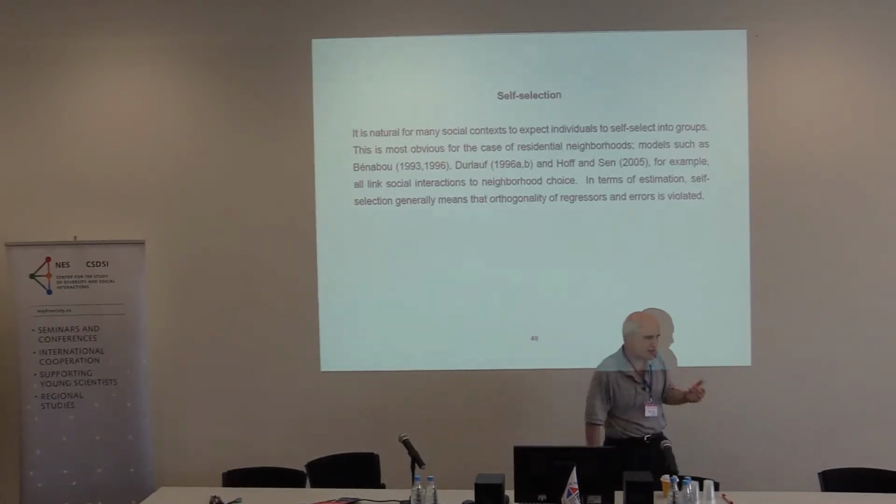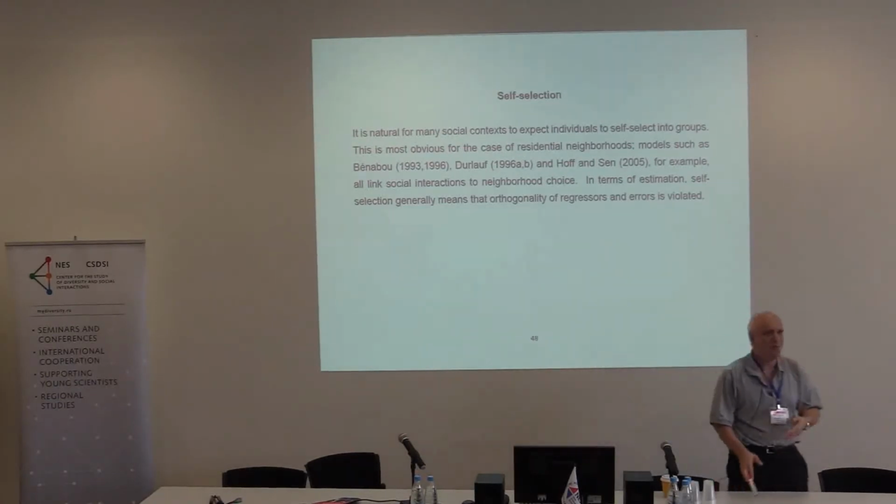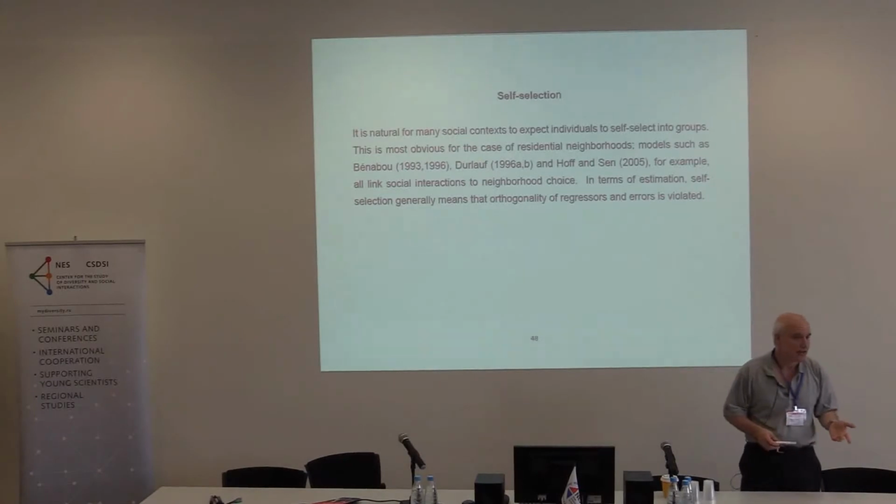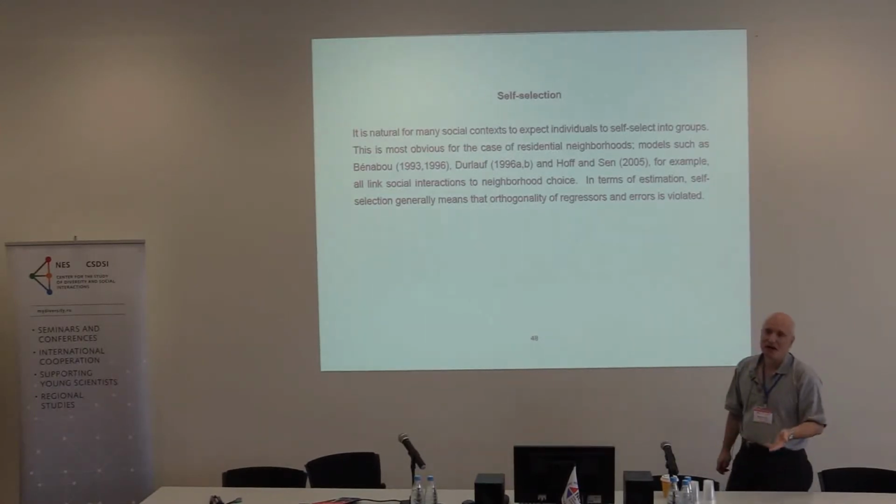And self-selection is a ubiquitous problem in empirical work in economics and social science, and it's a natural thing to model in these contexts because if I'm talking about organizational groups, social structures called residential neighborhoods, or classrooms, or schools, or firms, in each case there's been some process by which people became members of it.